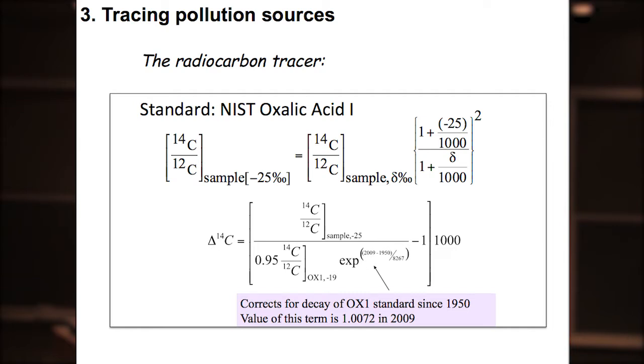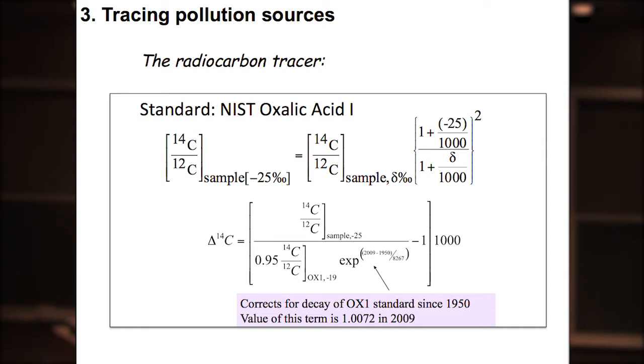It doesn't mean the same thing as the capital delta we use for delta C13. And we have to do some funny things like correct for the decay of the standard. The standard used for radiocarbon is an extract of a sugar beet crop from 1950 or 1955, and you have to account for the fact that your standard is always decaying. So there's a correction for that in here.